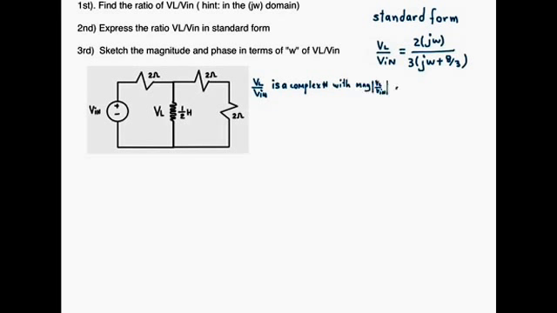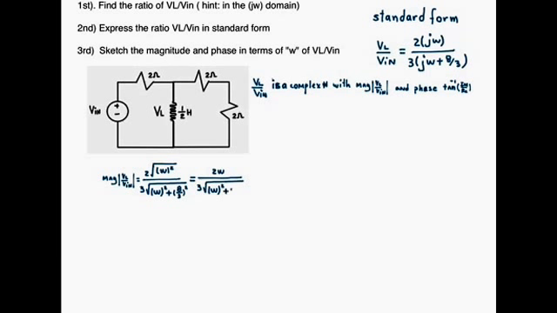Every complex number has magnitude and phase. So for the magnitude of V sub L over V sub N, we know that is the square root of the square of the imaginary part, and then in the denominator 3 times imaginary square plus real square, and that at the end is equal to 2 times omega divided by 3 times the square root of omega squared plus 8 divided by 3 squared.